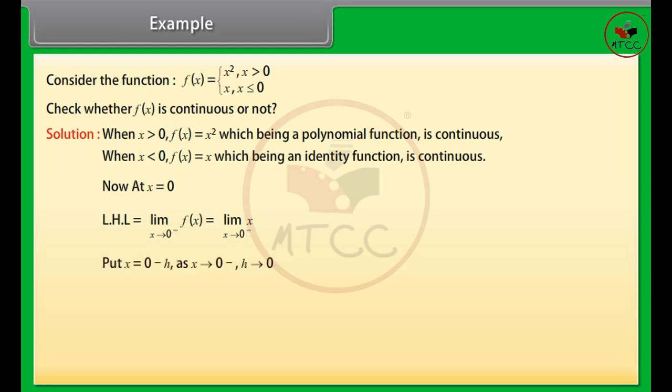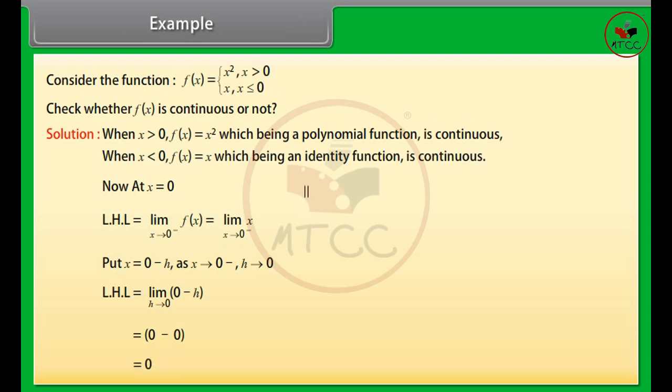Put x is equal to 0 minus h; as x approaches 0 minus, h approaches 0. Left-hand limit is equal to limit as h approaches 0 of 0 minus h, which is equal to 0 minus 0, which is equal to 0.